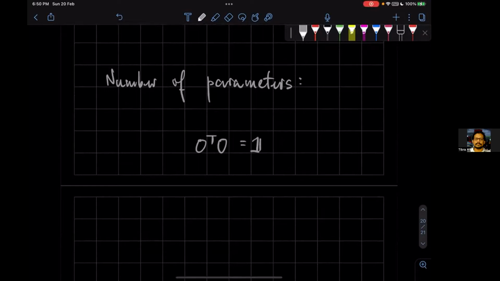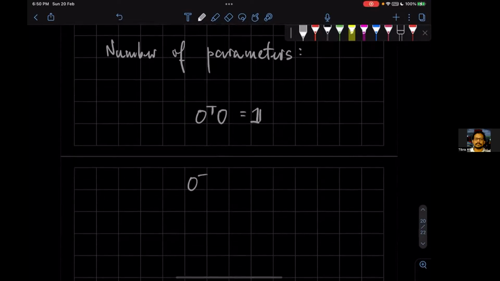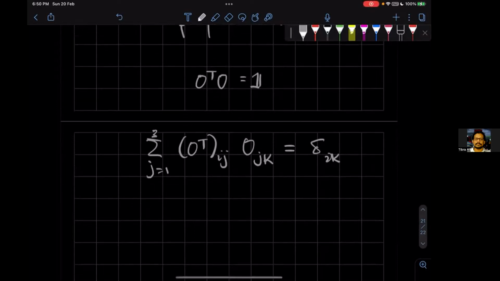If I write it now in matrix notation, then it's O transpose Ij, O of Jk is equal to delta of Ik, and there's a sum over J. J goes from 1 to 3. Now, in general, we will use the Einstein summation convention.